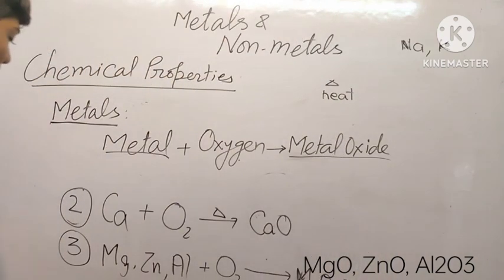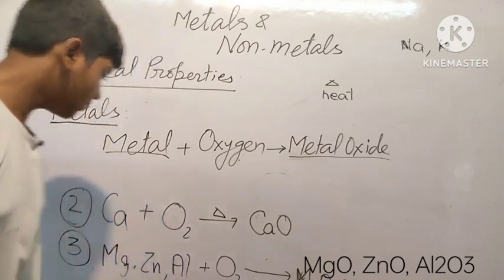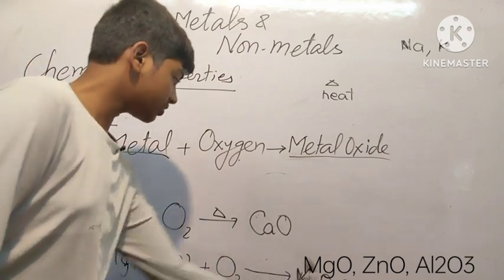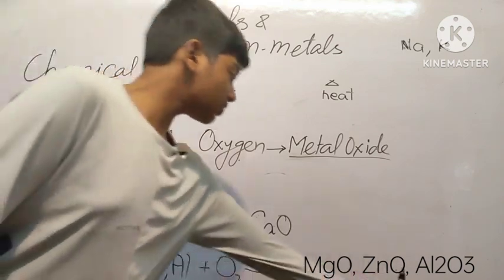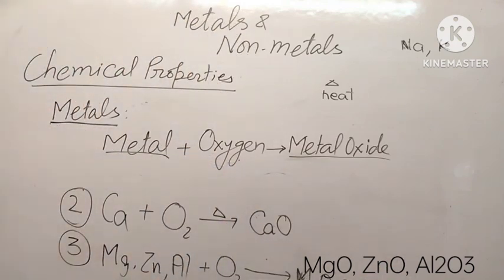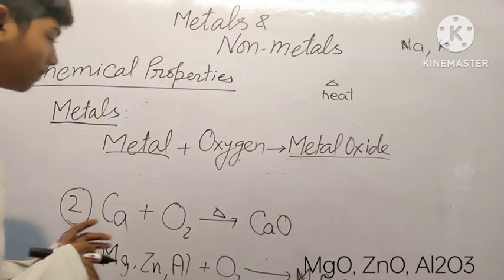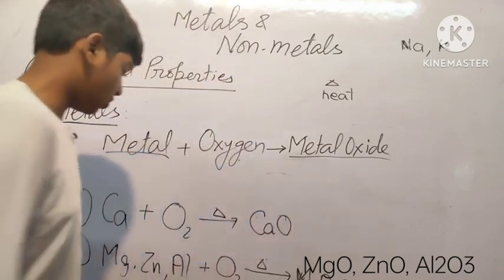So when magnesium reacts with oxygen, MgO is formed. When zinc reacts with oxygen, ZnO is formed. And when aluminium reacts with oxygen, Al2O3 or aluminium oxide is formed. We need to provide heat for these also.